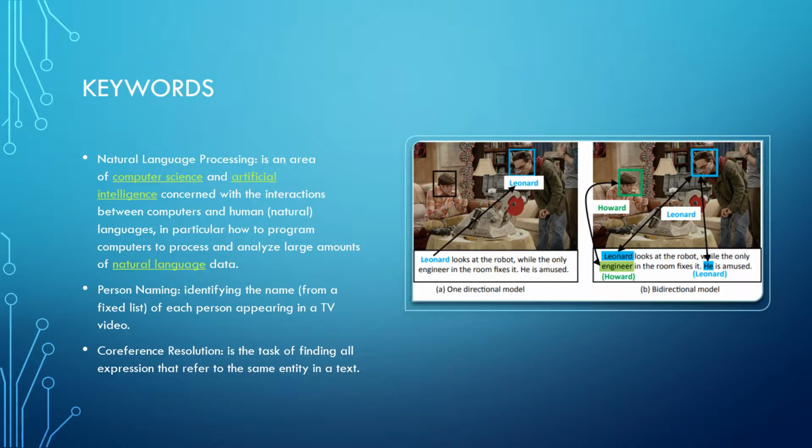But the one on the right is more detailed and in depth. It has Leonard, then also "he," which correctly identifies himself, and the other one is Howard, going into "engineer," where he referred to himself as the engineer. This specifically is how the model should work for coreference. Everything, even if it's a pronoun or a proper noun, is being related back to the person correctly each time.